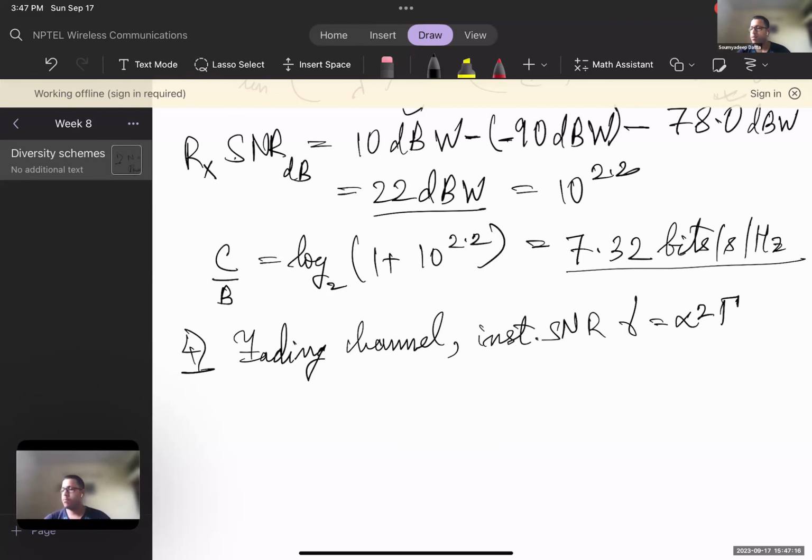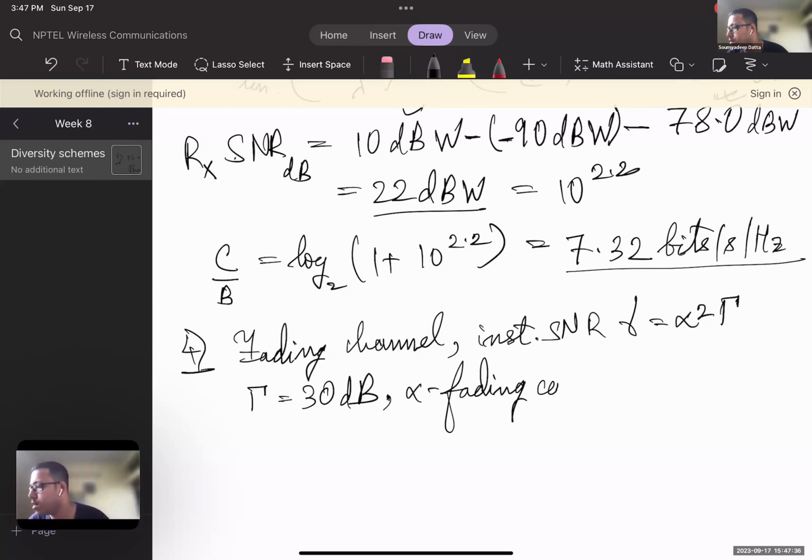Let's say you are given capital gamma equal to 30 dB, and alpha is your fading coefficient, right?